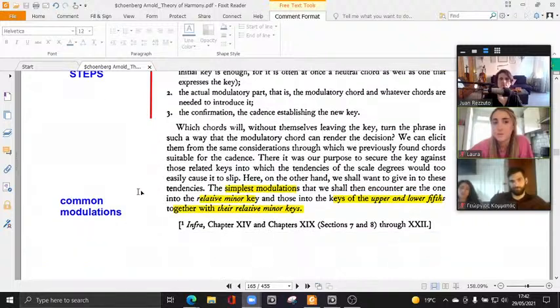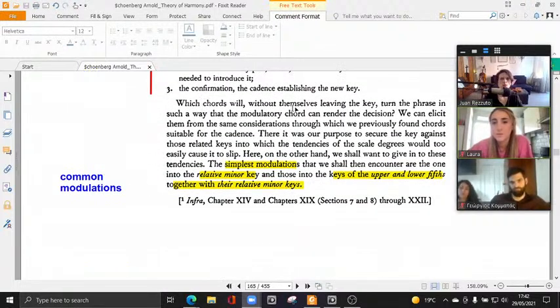Very good. Which chords will, without themselves leaving the key, turn the phrase in such a way that the modulatory chord can render the decision? We can elicit them from the same considerations through which we previously found chords suitable for the cadence.